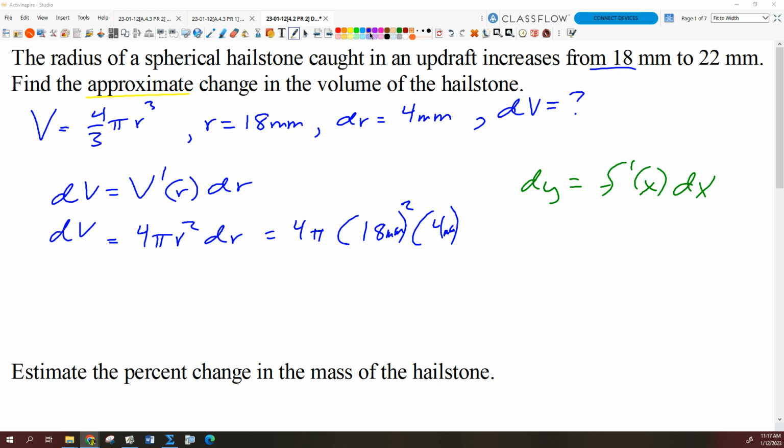And we want to estimate, when we bump the radius up by 4, how's that going to bump the volume? What's the approximate change in the volume? That's going to give us just some number. What's that going to be? 324, 648, 1296.